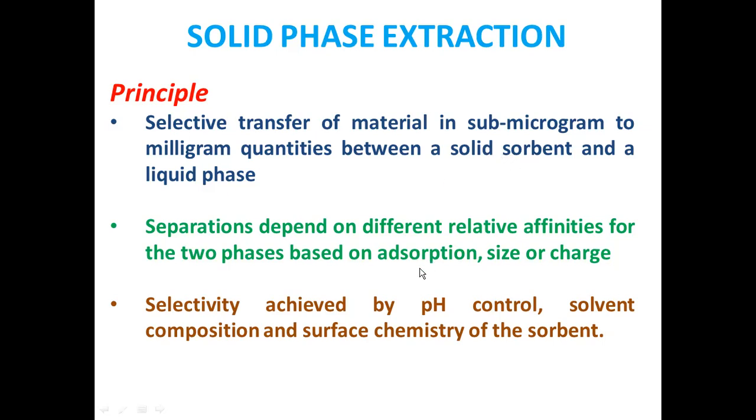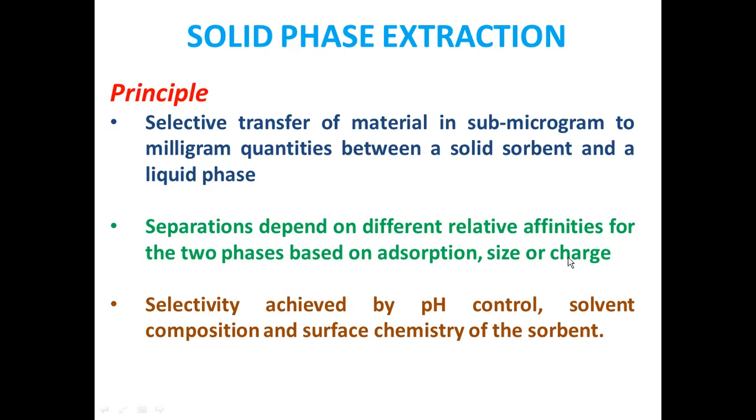Whatever the species which is having stronger adsorption towards the sorbent, that will be retained over the solid phase for longer time, and the solute which is having negligible adsorption capacity over the sorbent, that will be going out faster, and the intermediate species will be in the mid. So this is the separation sequence we can propose for the separation of solutes by using solid phase extraction.